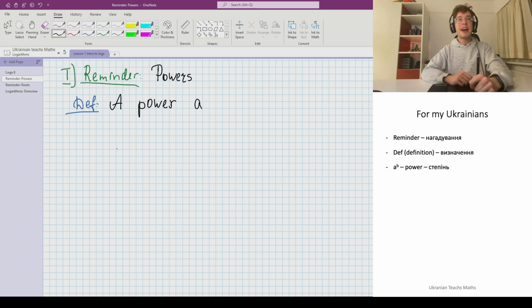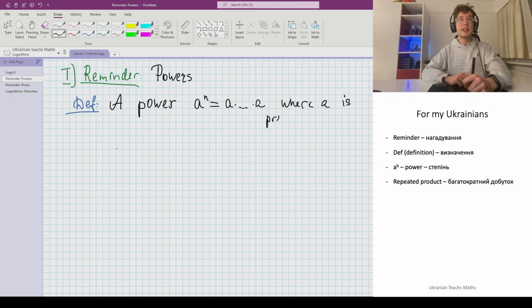A power a to n is usually defined as a repeated product of a's, where a is present exactly n times. So say, for example, we have 2 raised to the power of 3.